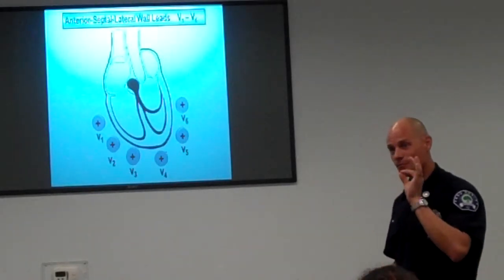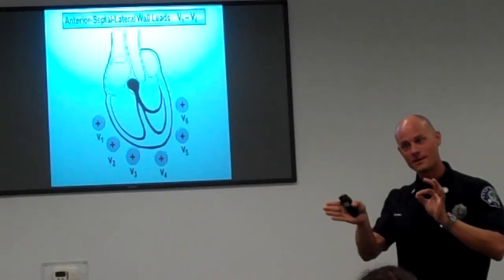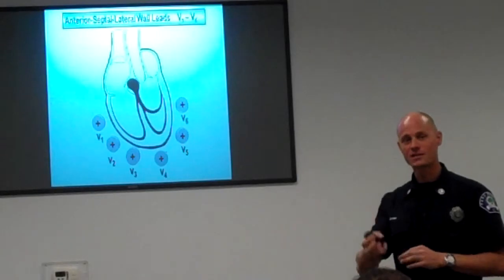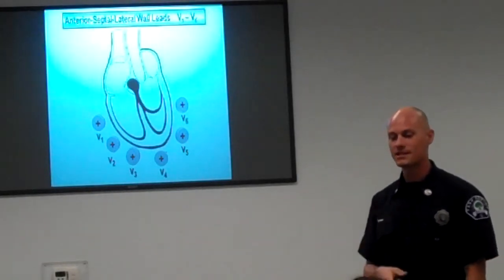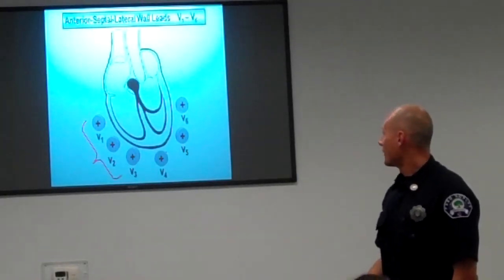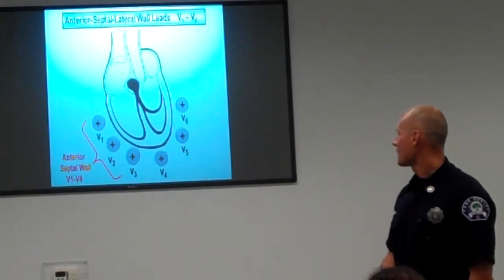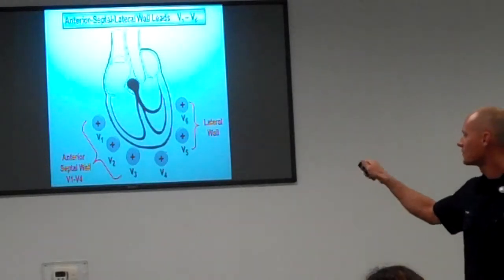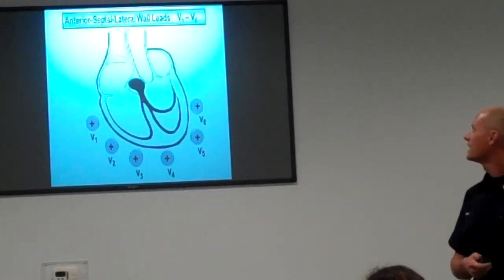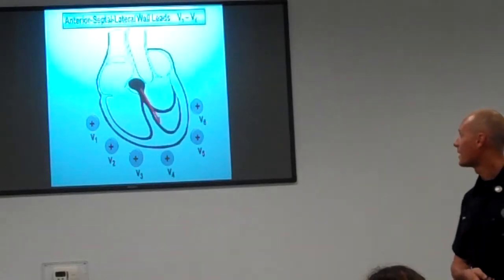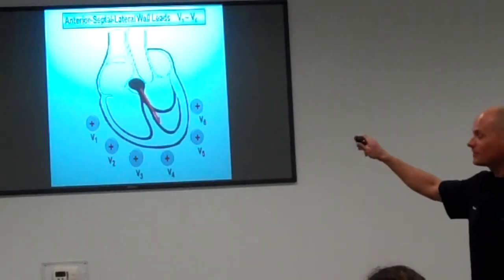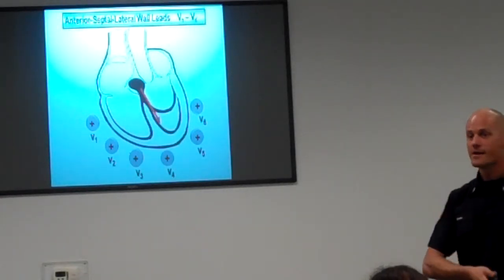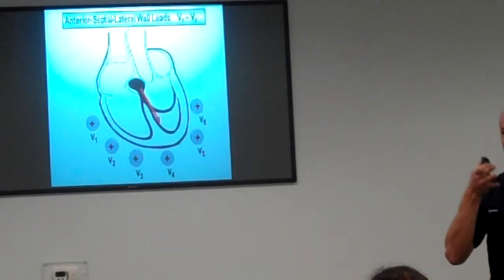It's not exactly true. There's a brief pause before it goes down the right bundle branch and depolarizes that right ventricle where you get the nice little contractions. You guys are going to see it on your paperwork here. Okay, so this is what the leads look at. Here's what happens with the electrical impulse. It comes down like you all know through the AV, bundle of His, then it goes down the left bundle branch. Again, I was taught it goes down simultaneously.